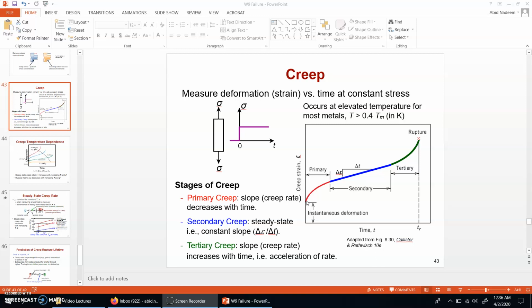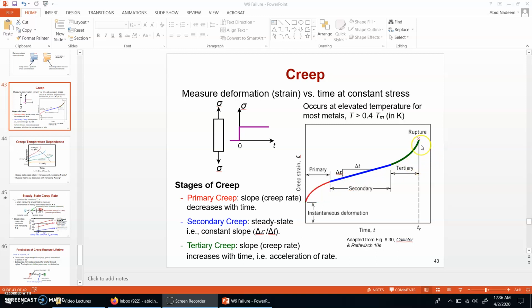And then when that load is maintained, the stress is maintained for a long period of time, then the creep, in addition to this instantaneous deformation, increases with time.